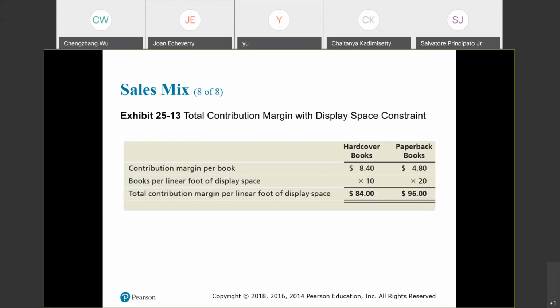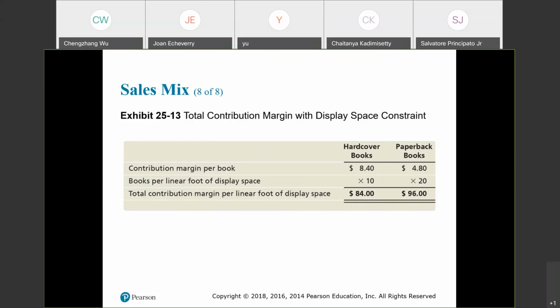Well, let's take a look at this example. Let's consider a company that operates a gift shop in the airport. Airport gift shops are fairly small, and the company has only 48 linear feet of bookshelves in each store.